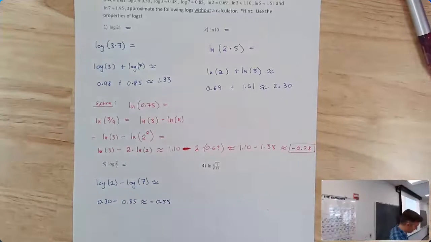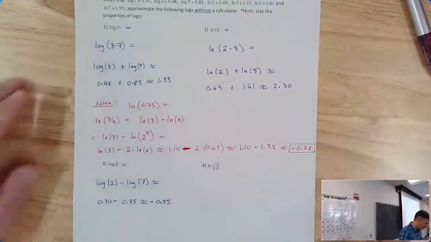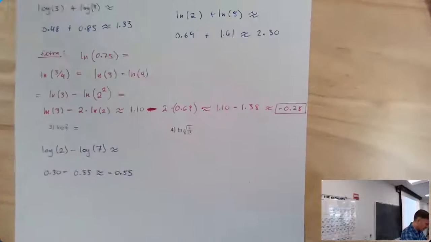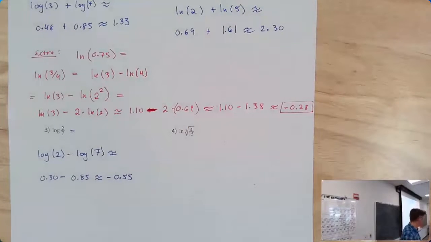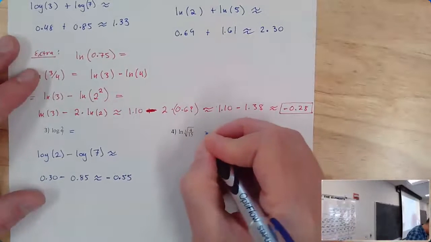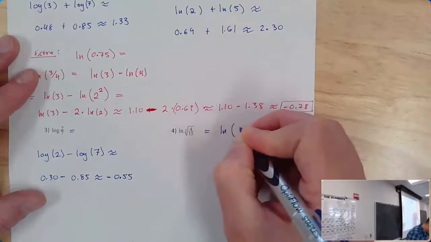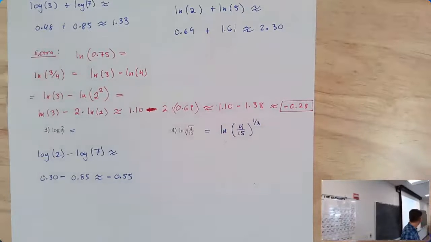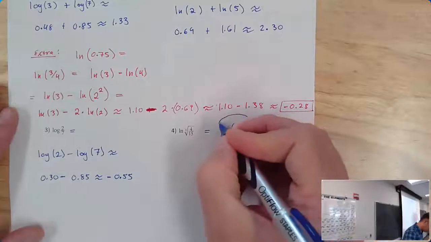Like in this next one, I think there's some hidden numbers. So I've got the natural log of the cube root of 4/15. I'm going to first deal with that cube root and write it as a power instead. So I'm going to write this as the natural log of 4/15 to the 1/3 power. And then bring that power down.